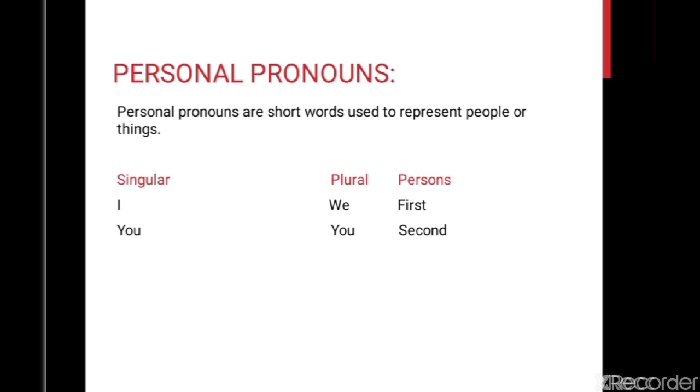And in third person, suppose you and I are talking, but we are talking not about me, not about you, but about a third person. So which pronoun will I use? He, she, and if it is a thing, then it, and in plural I will use they. Such pronouns are called third person pronouns.